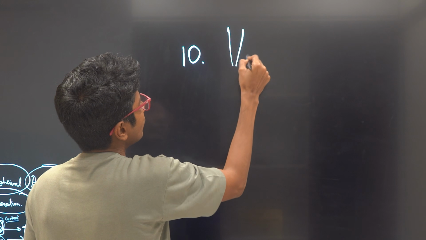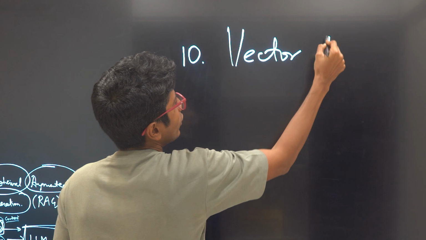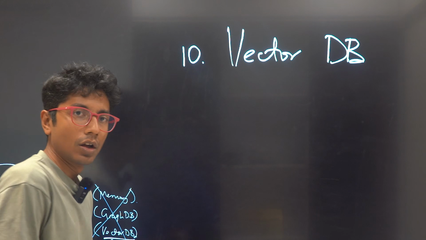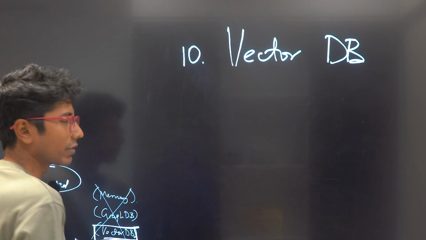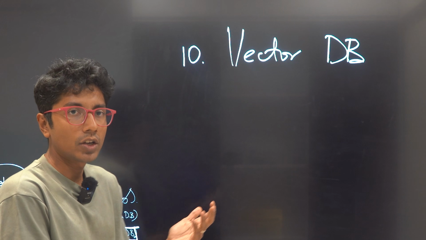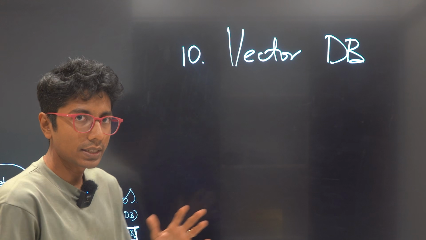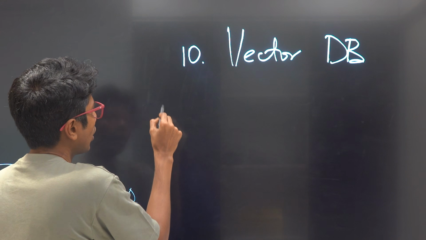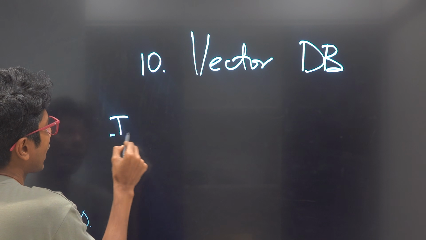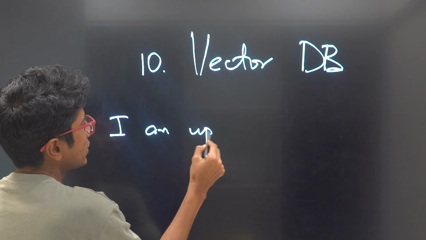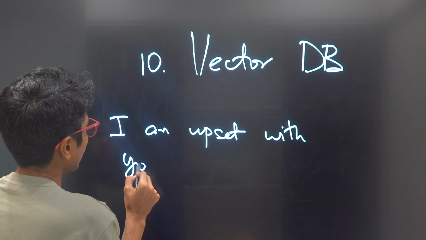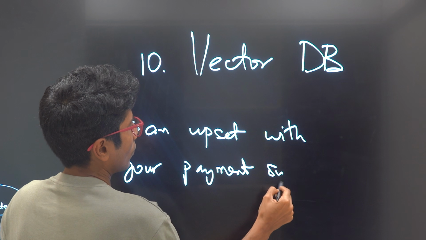The 10th term, which is vector database. We just mentioned vector database is something which is used to find relevant documents for an incoming query. Let's see how that happens. You have the request, I am upset with your payment system.